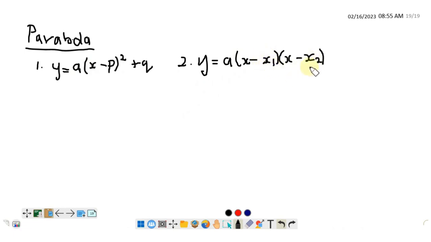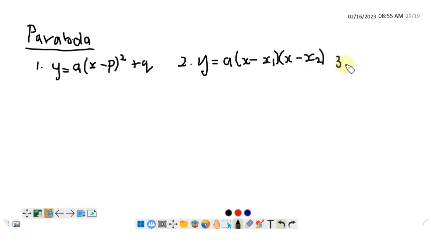X1 and x2 are the x values of the x-intercepts, so x1 and x2 is where the graph will cut the x-axis, and y and x is just any point on the graph. So if you have one coordinate on the graph and you know the values of the x-intercepts, you can solve for a in the equation.